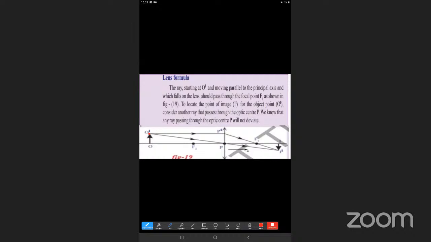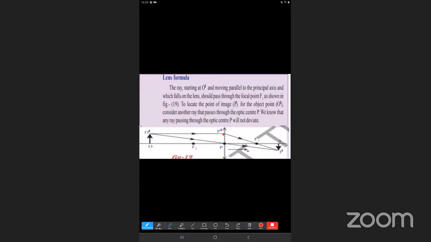Now here the object is beyond F2. The ray starting at O dash and moving parallel to the principal axis, see here, these two are parallel, falls on the lens and should pass through the focal point F1.